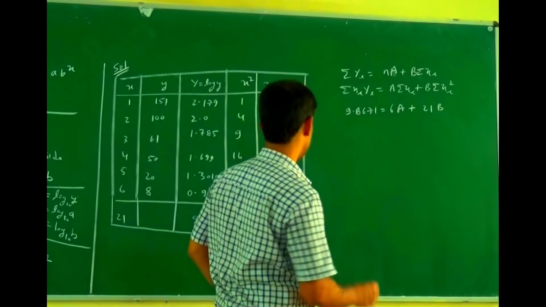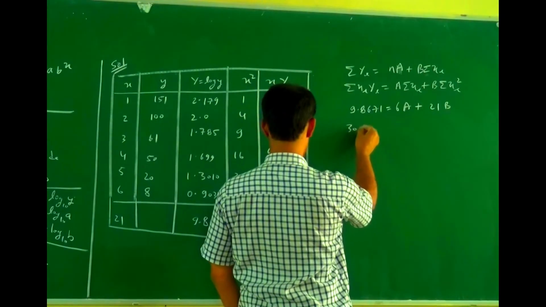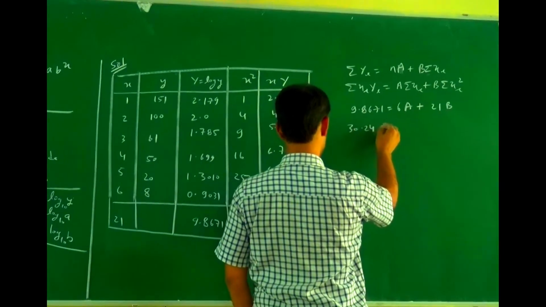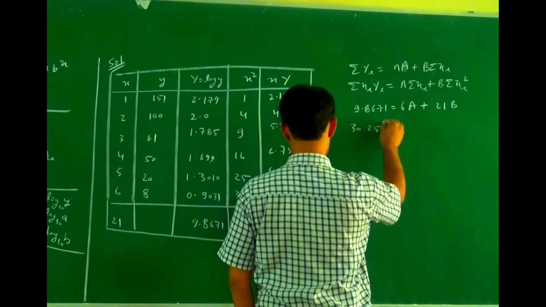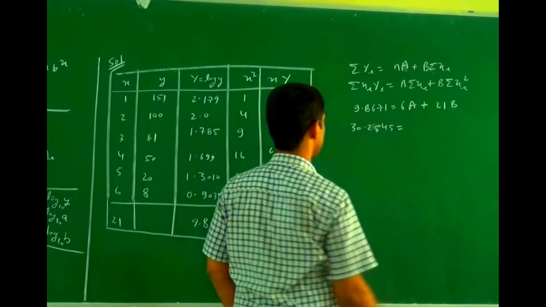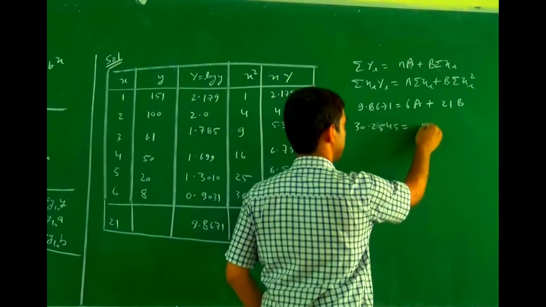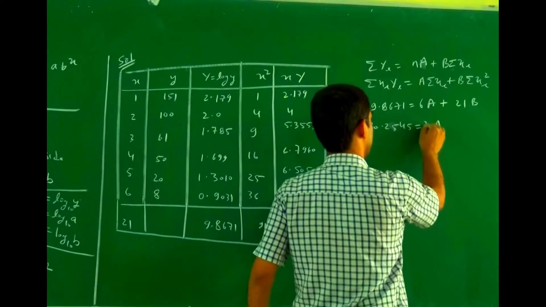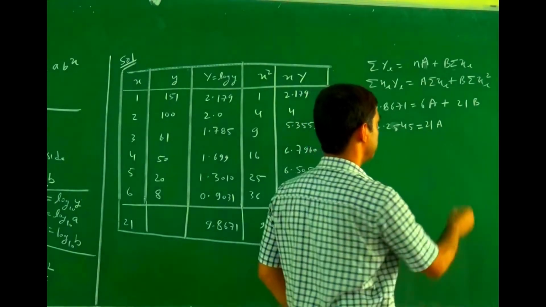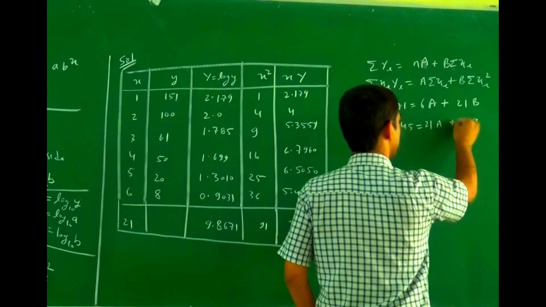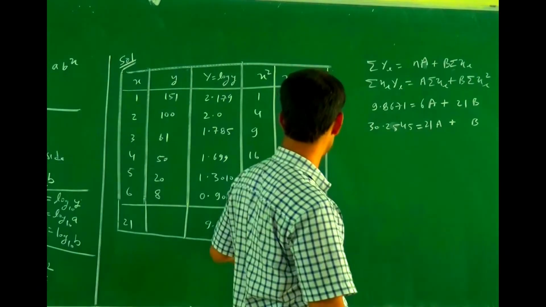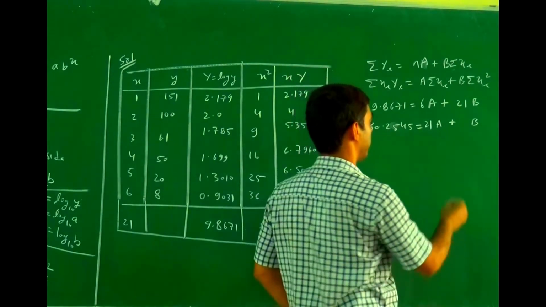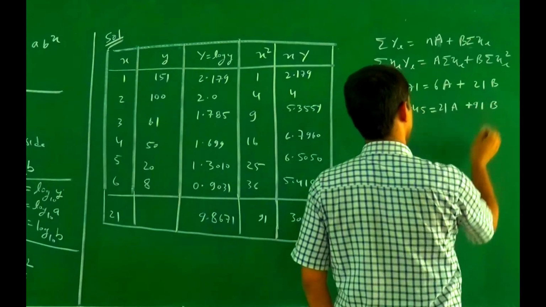The sum of this is 30.2545 equals A times the summation of xi, which is 21, plus b times the summation of xi square, which is 91.